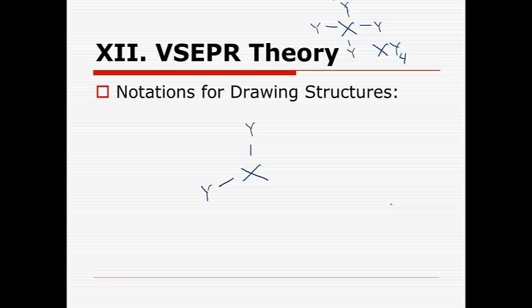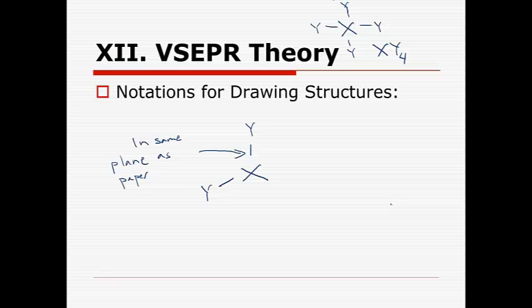A solid line basically means it's in the same plane as your paper. So all 3 of these atoms, the 2 Y's and the X, are just lying flat.